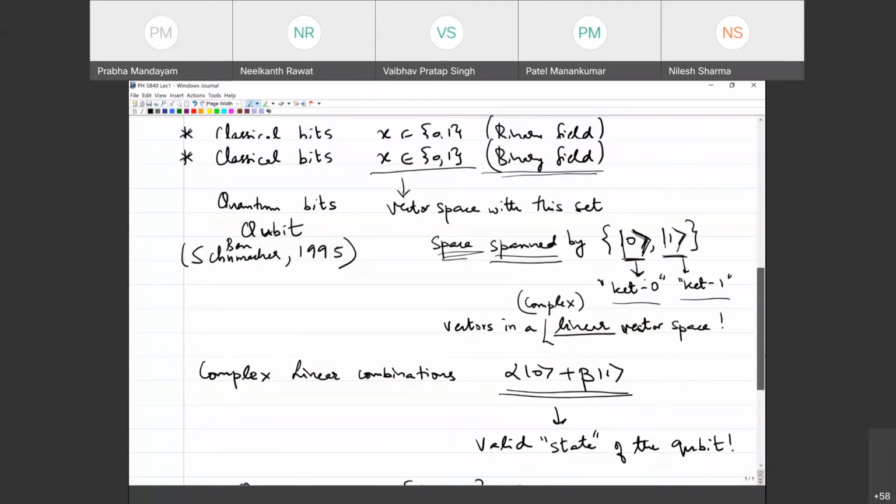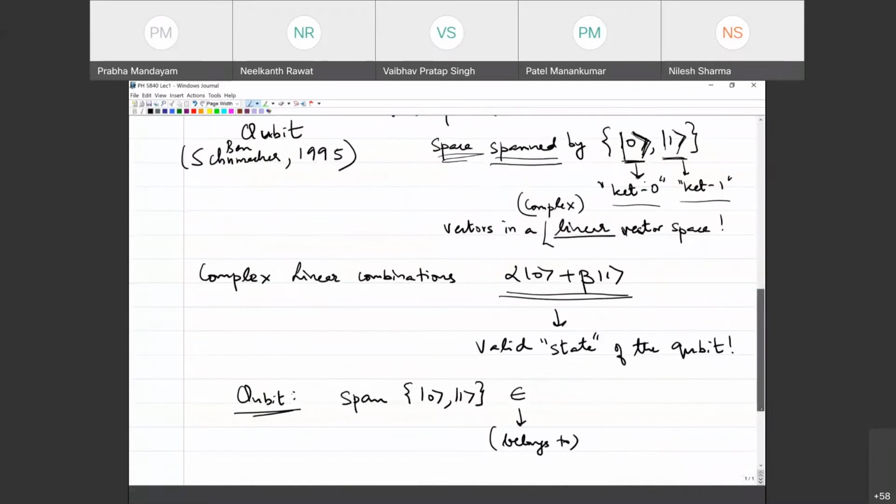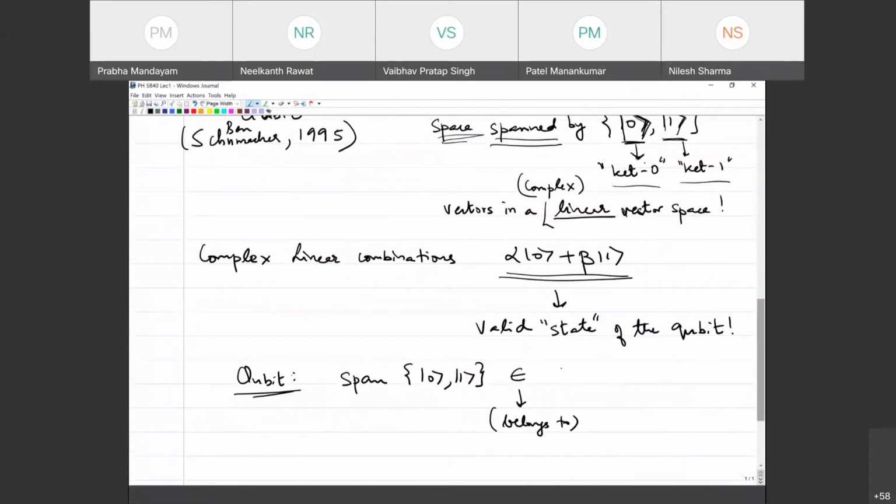It belongs to what we will refer to as C2, right? And what is C2? It's a two-dimensional complex linear vector space.